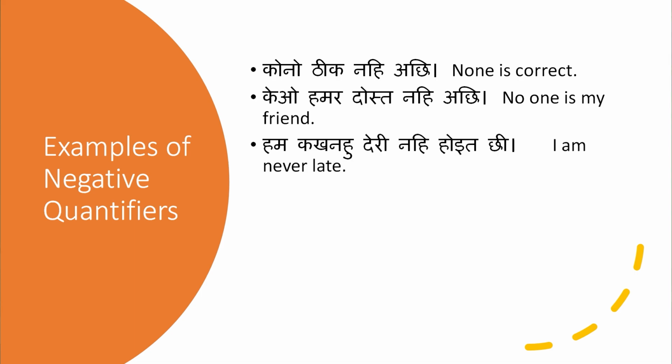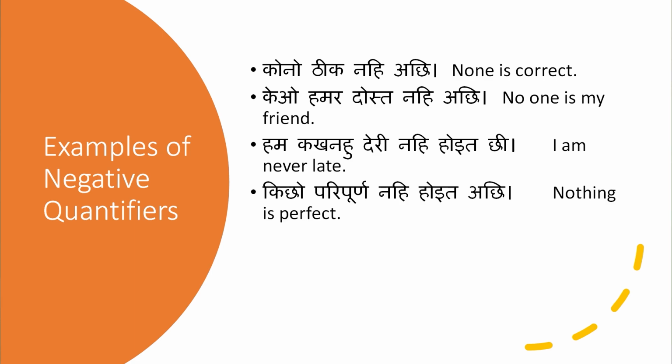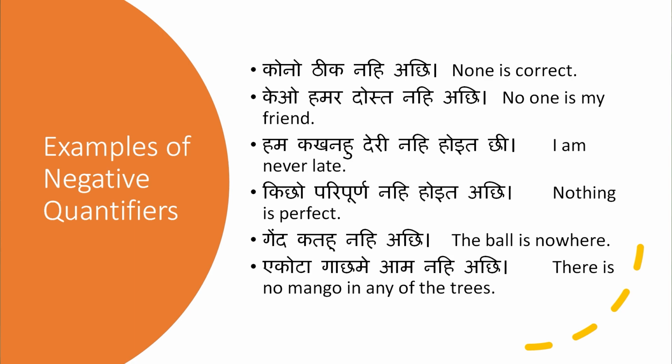Then हम कखनो देरी नहीं होइत छी. I am never late. किछो परिपूर्ण नहीं होइत छै. Nothing is perfect. गेंद कतहु नहीं अछि. The ball is nowhere. एकोटा गाछ में आम नहीं अछि. There is no mango in any of the trees.